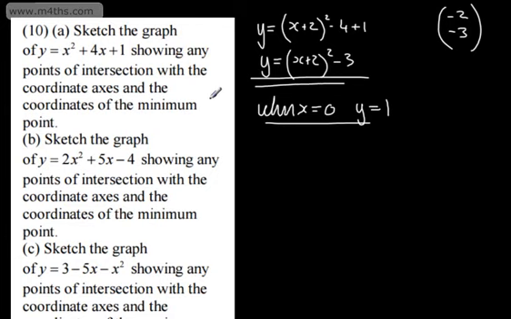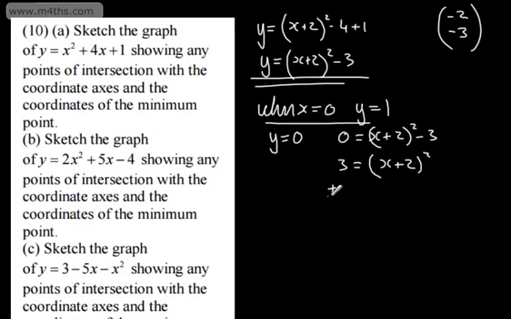What we now need to consider is when y is equal to 0. In the last video, we looked at this. So when y is equal to 0, we will have 0 equals x plus 2 all squared minus 3. So we need to solve this equation, adding 3 to both sides. We've got x plus 2 all squared equals 3. Taking the square root of both sides, plus or minus the square root of 3 is equal to x plus 2.